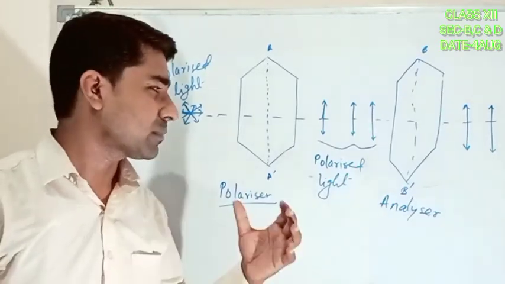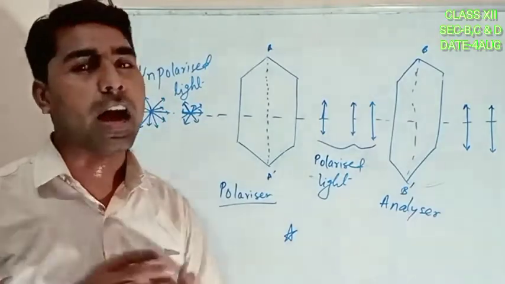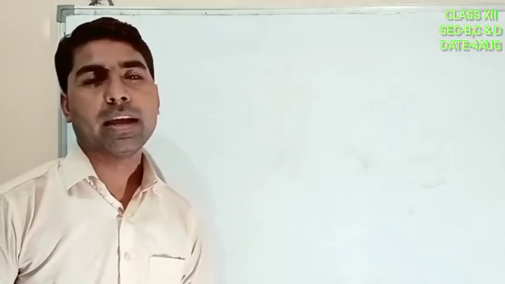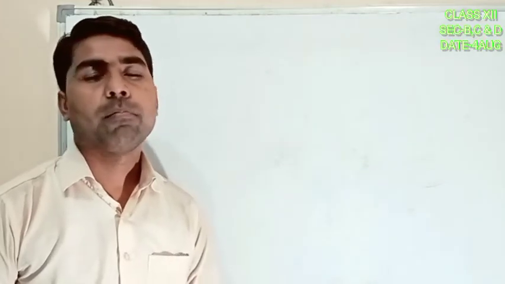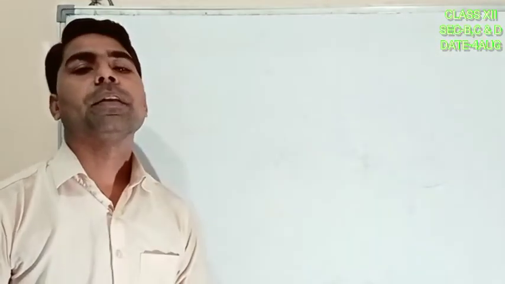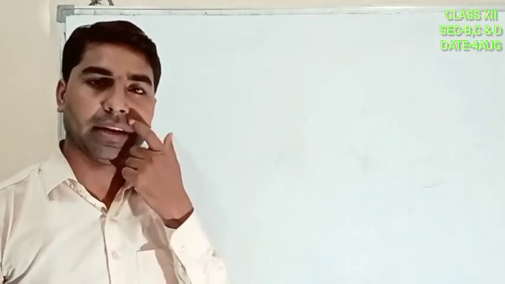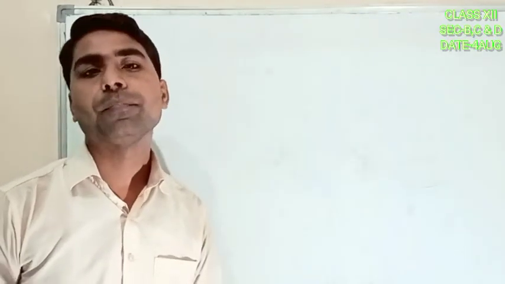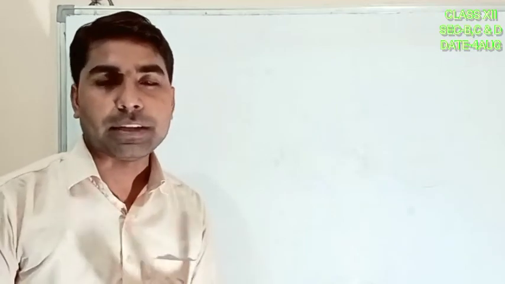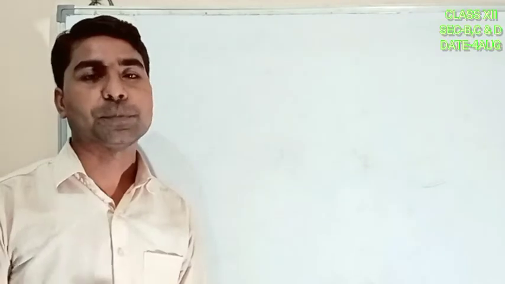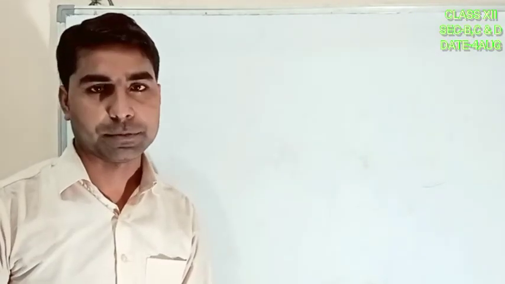So we have seen polarized light, unpolarized light, and you have seen the polarizer film too. Now again, what is unpolarized light? Before that, I want to inform you about the electromagnetic wave. The light is electromagnetic in nature. Between the electric and the magnetic field, the electric field vector is responsible for vision.